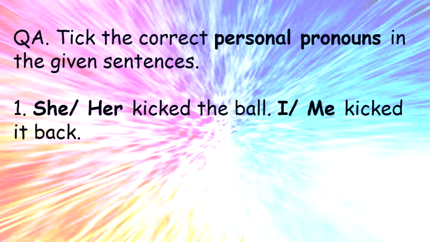Now look at this sentence: she, her kicked the ball. These are third person personal pronouns, right? Now, when we use the word she or her, we have to see whether we are talking about the subject of the sentence. Yes. So, at subject place, what should be the correct pronoun used? She or her? I hope you got the answer.